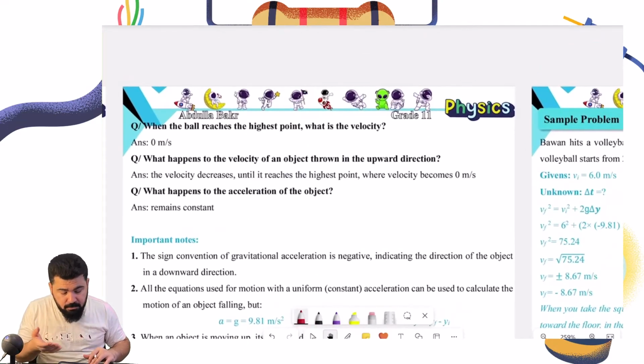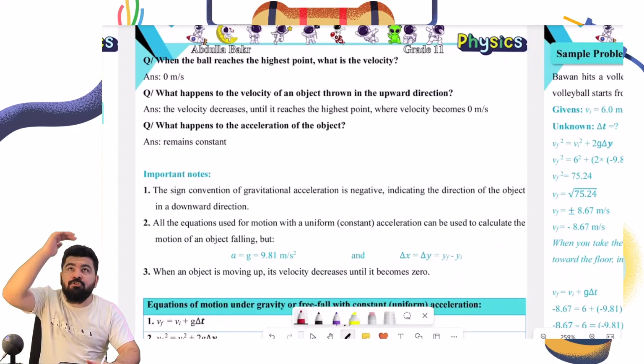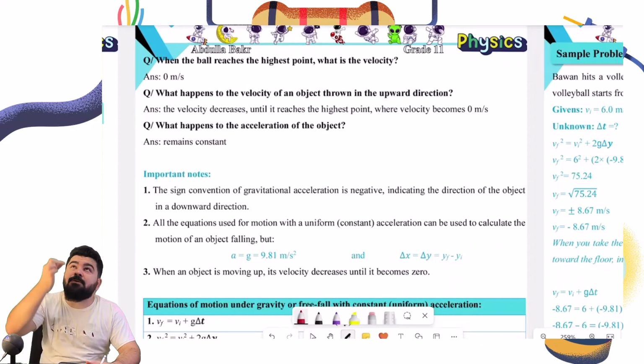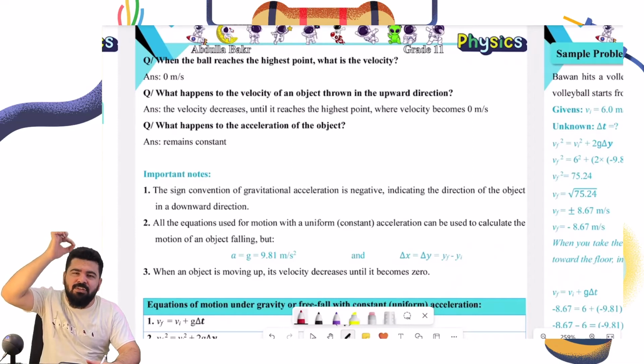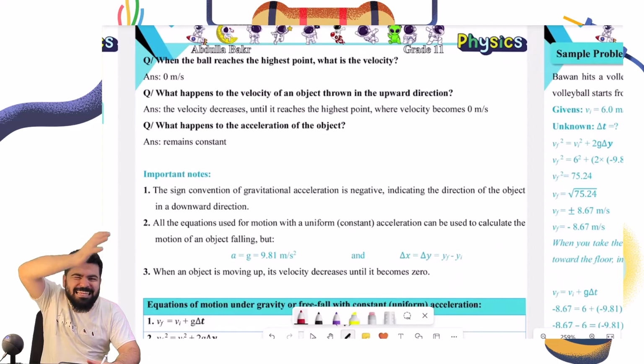Now we have several questions, very easy questions, I'm sure you know them. When the ball reaches the highest point, what is the velocity? I just told you, when the object reaches the highest point, then velocity is going to be equal to 0. Please try this at home. Throw a ball in the air or any object. You'll see that at some point, at a very small instant of time, the ball or the object is going to stop and be stationary, and then it's going to fall back.